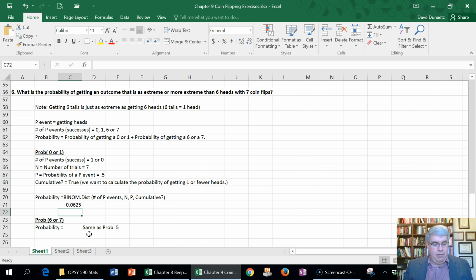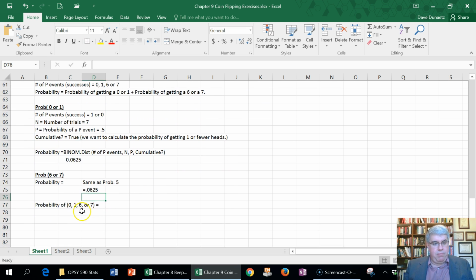The 2 tails have the exact same area because the curve is symmetric. So we can type in 0.0625. So I do apostrophe equals 0.0625. And the probability of getting 0, 1, 6, or 7 is going to be the probability of getting a 0 or 1 plus the probability of getting 6 or 7. So that equals 0.0625.